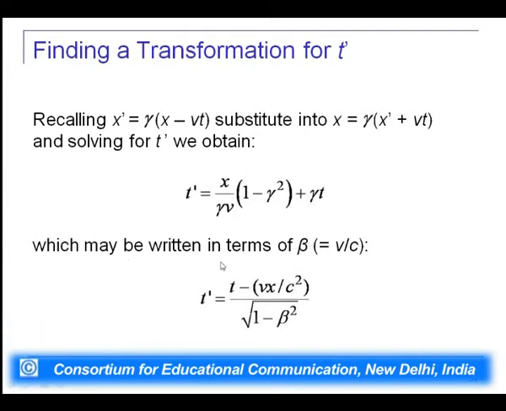This may be written in terms of beta equal to v by c, then t dash is equal to t minus vx by c square, divided by root of 1 minus beta square. This means the time will be changed by this factor in the moving frame compared to the static frame.